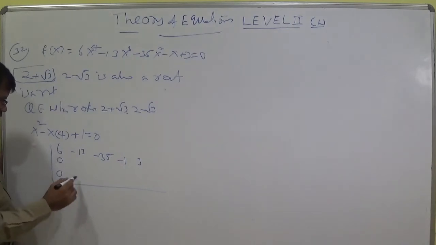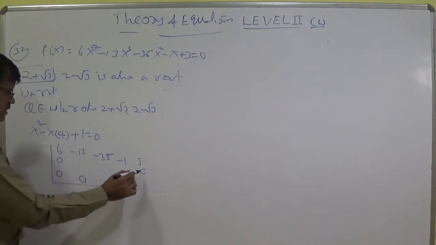Put here 0, 0, 0, 0. This is the triangle 0 concept.